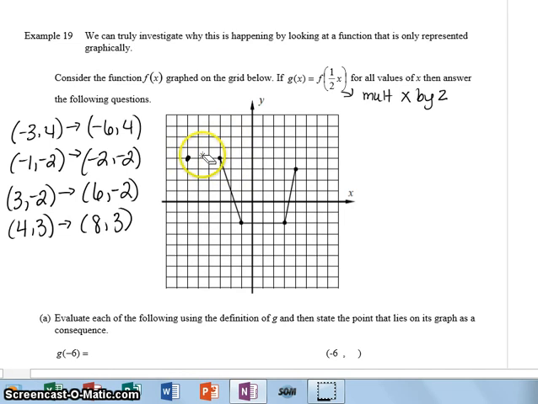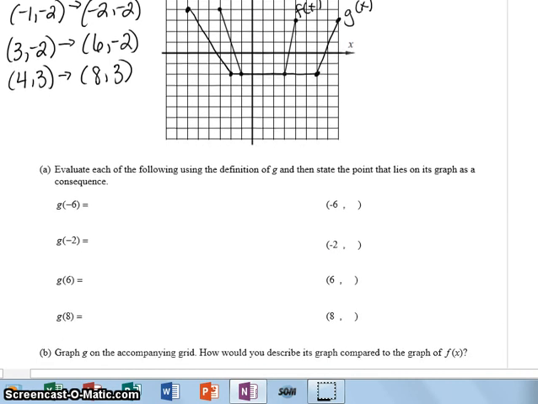And if you guys can see, only the x values are changing, not the y's. So this is opposite when those numbers were out on the outside. So remember, the one they gave us was f of x, and now this is g of x.